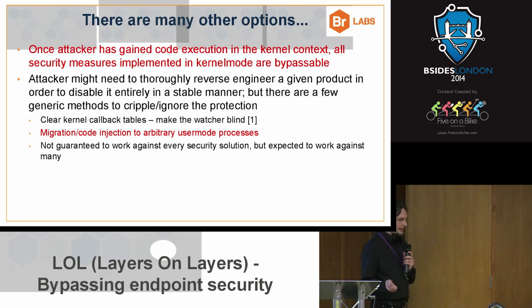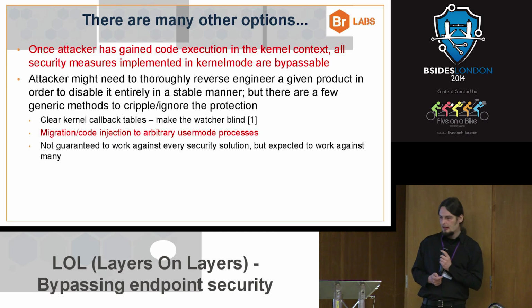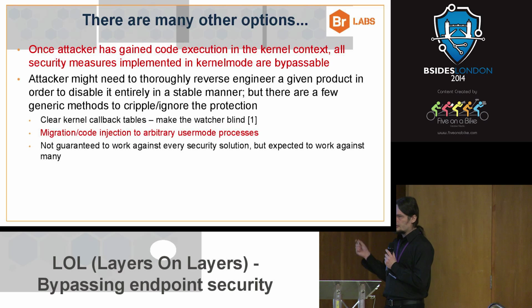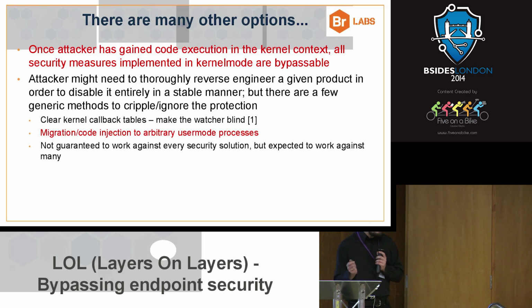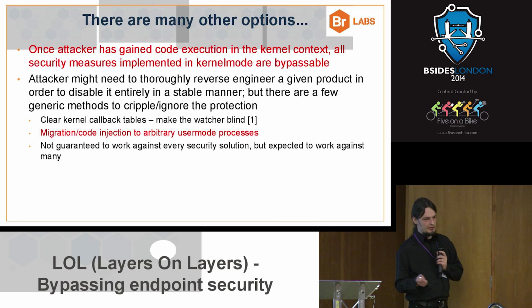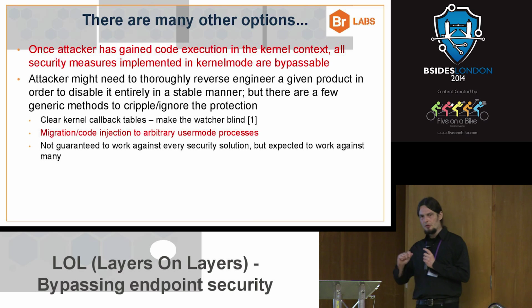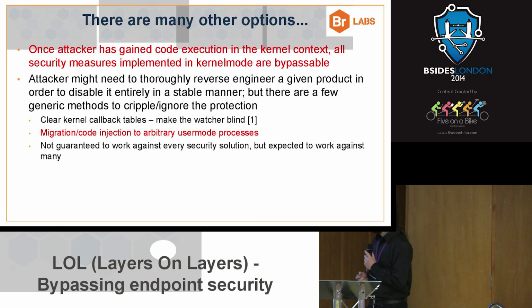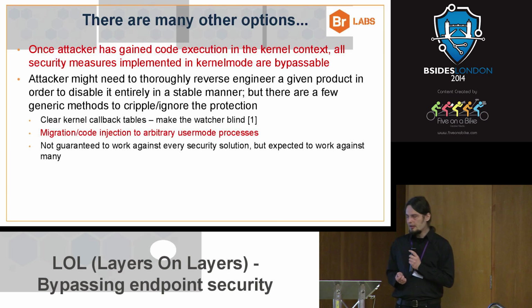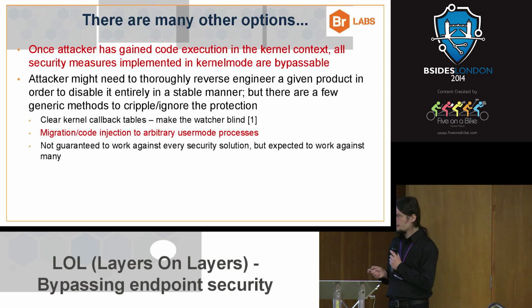So it can hook it, inspect it, etc. The common way to do it is to register a callback with the kernel using a certain API. So just saying, dear kernel, please let me know whenever a new process is created. And because this API is well defined, the malware running in kernel mode can mess with the data structures used by the API. It can simply clear all registered kernel callbacks.